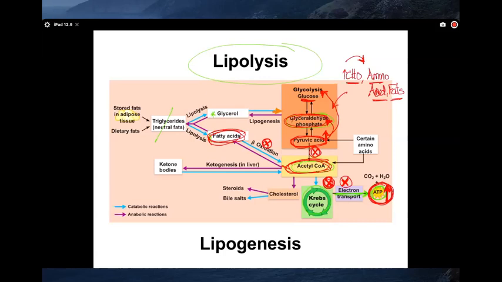So the pyruvate is going to be transformed into glyceraldehyde phosphate that will then be transformed into glycerol. And you've got the glycerol, you've got the fatty acids, so you're going to be binding them together to build up triglycerides, the neutral fats, that will then be stored into your adipose tissue cells.